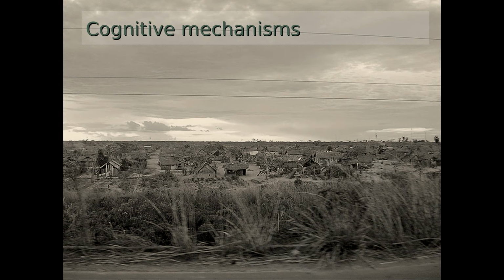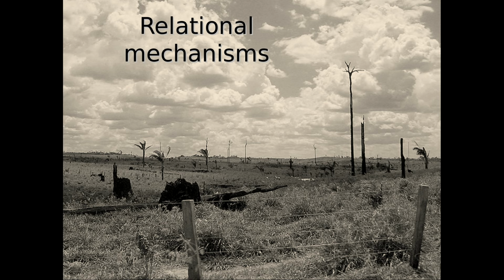Another mechanism includes cognitive mechanisms, where people start to think differently about the place. They start to think differently about their relationships to one another. And then we have relational mechanisms, which are things that help people connect.